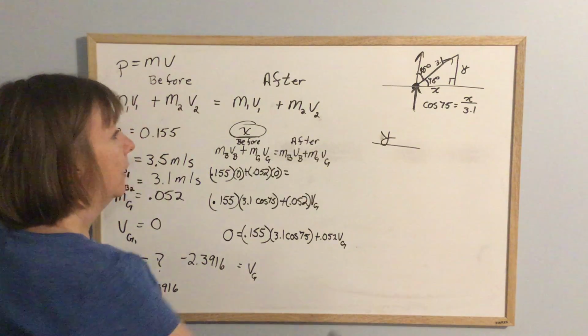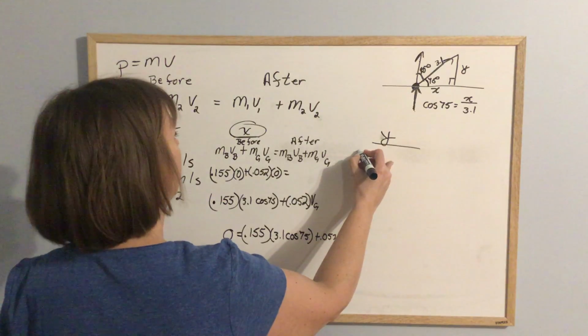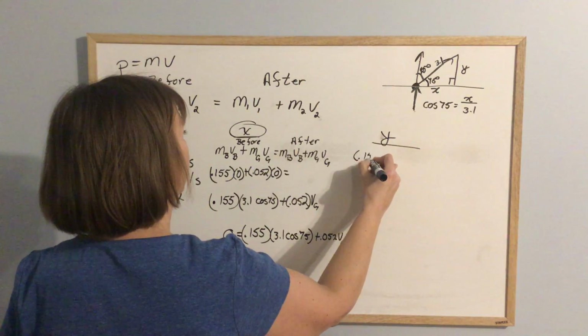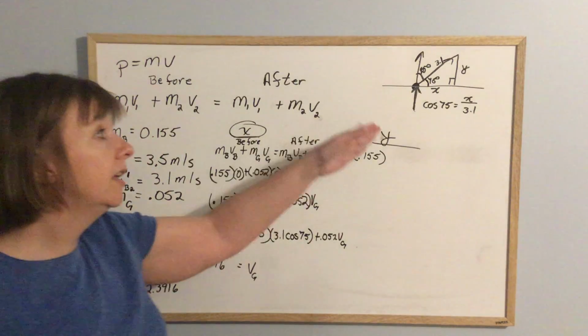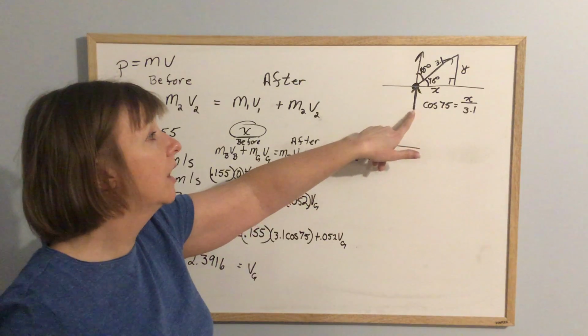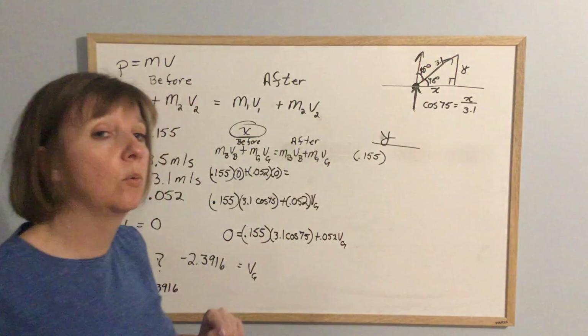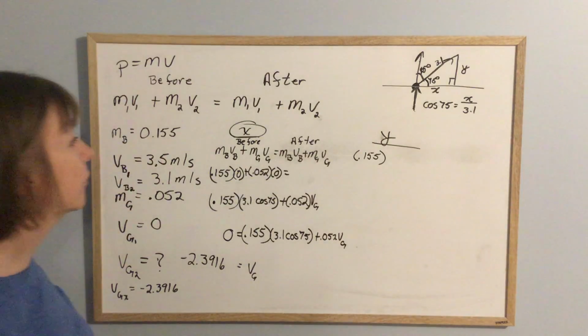So mass of the billiard ball is 0.155. Velocity of the billiard ball in the y direction before it collides. Well, before it collides, all of its motion is in the y direction, and it said that its initial velocity was 3.5.